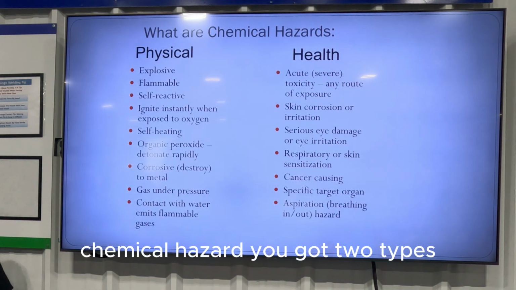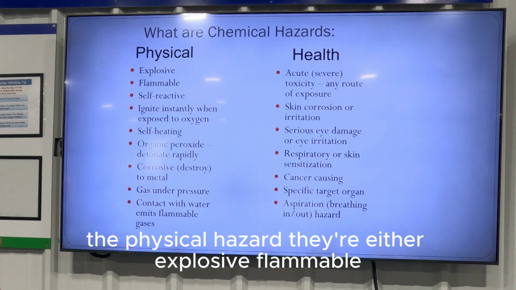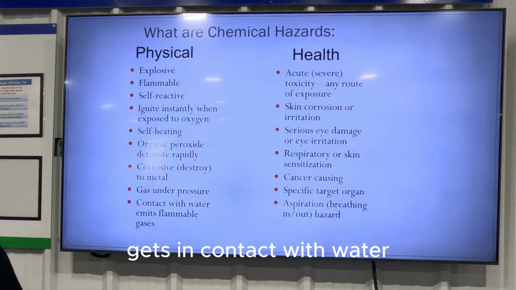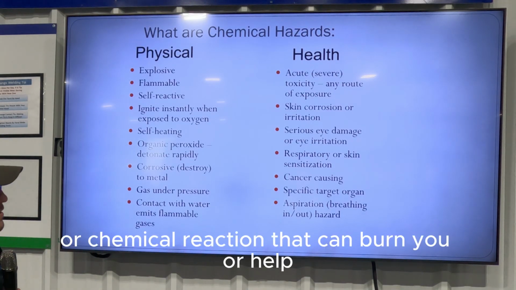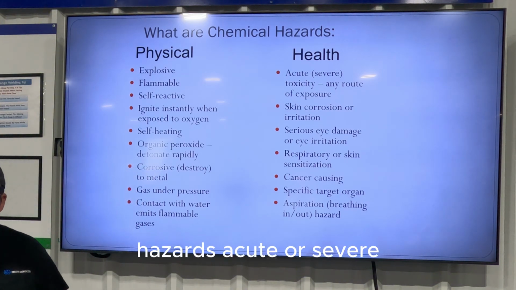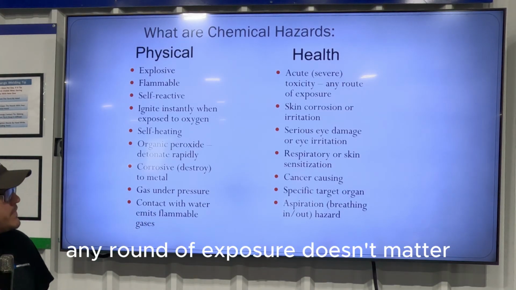Chemical hazards. You've got 2 types, physical or health hazards. The physical hazards are either explosive, flammable, self-heating, corrosive, gas under pressure, or get in contact with water and can cause heat or a chemical reaction that can burn you. Or health hazards, acute or severe. Any route of exposure, doesn't matter.